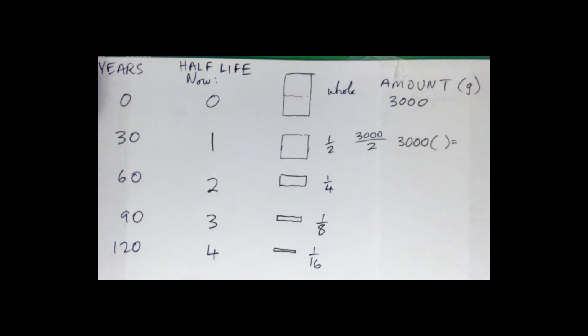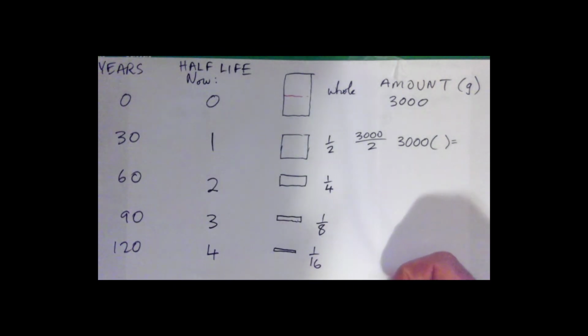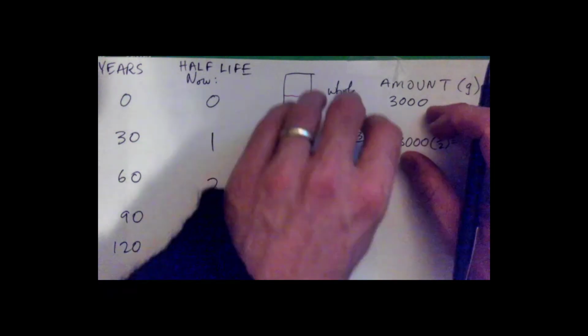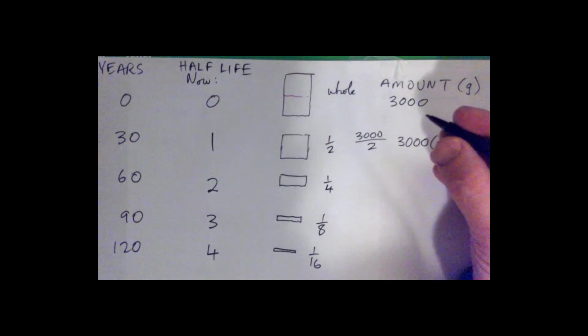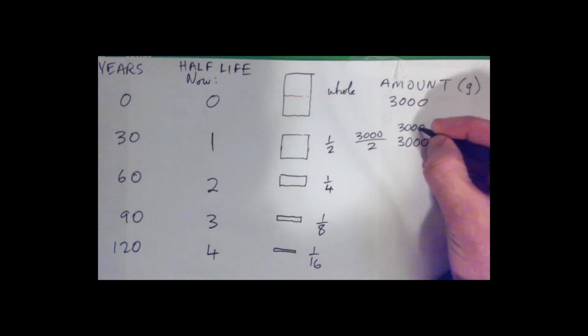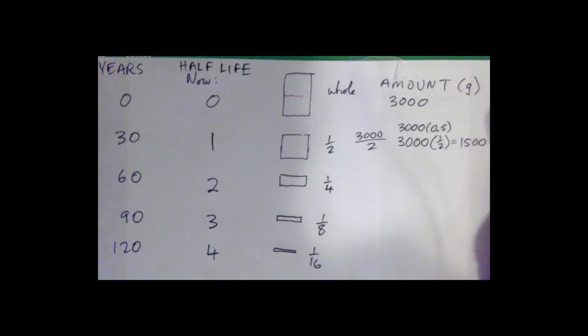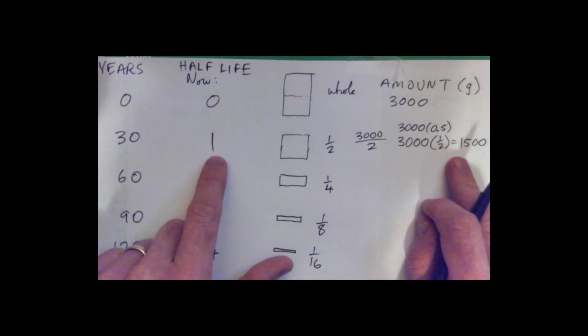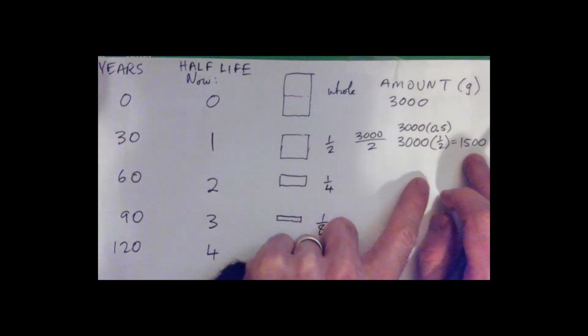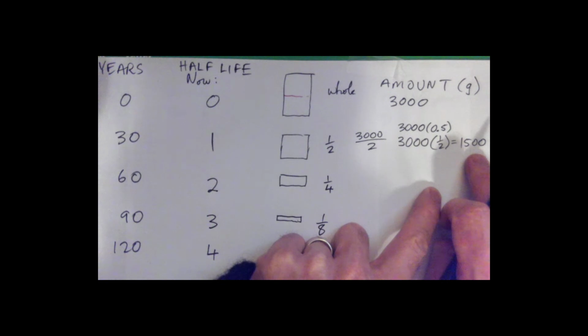And then students tell me, oh, we don't need fractions in the real world. Oh, yeah, do. It's 3,000 times a half, isn't it? Yeah, or 0.5. Yep. 3,000 times a half or 3,000 times 0.5, that will give that to you, right? So there's lots of ways of getting half of 3,000. So in other words, we all agree that in 30 years' time, that's one half-life. We've got half of it remaining. That's 1,500 grams, right? Okay.